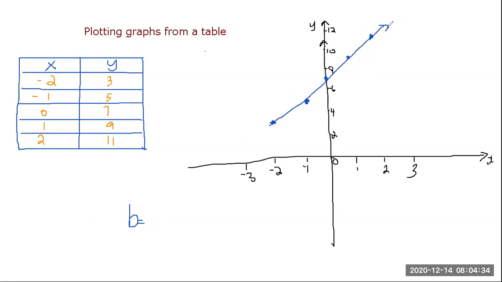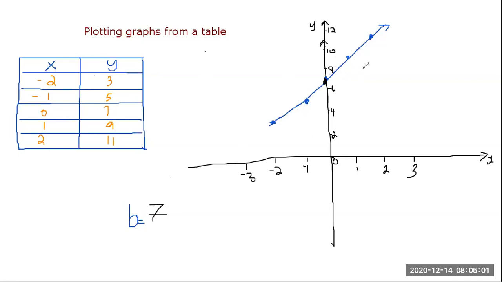Where does the line cross the y-axis? Yeah, someone said 7. It crosses the y-axis at 7. So wherever x is 0, that's what y is. So y is 7. When x is 0, y is 7. So that's our y-intercept, 7. I'm going to put it right there.